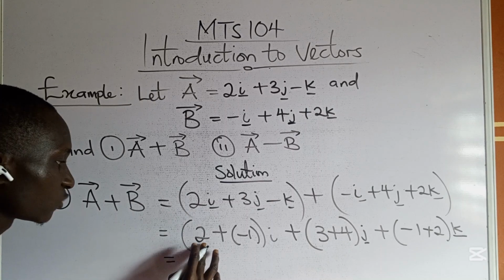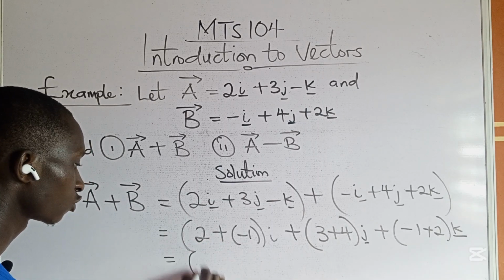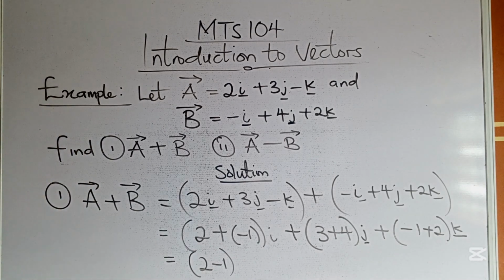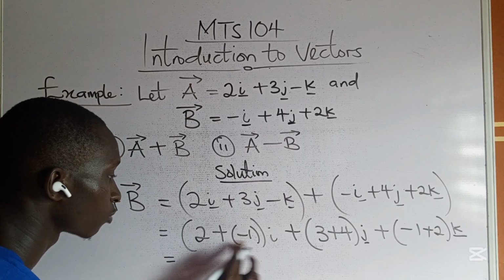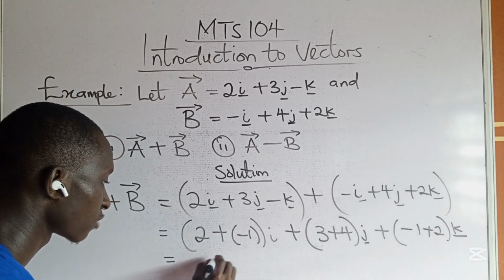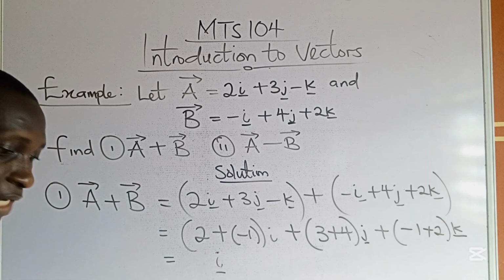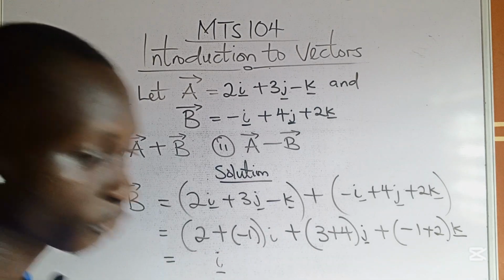And going by that, 2 plus minus 1 simply means 2 minus 1, isn't it? Because plus times minus. So here becomes 2 minus 1, that is 1i. So you can just write that as i, representing 1i. Are you with me? Now 3 plus 4 here gives what?